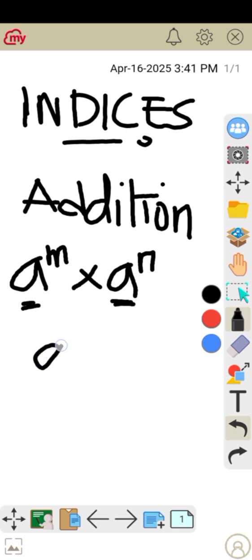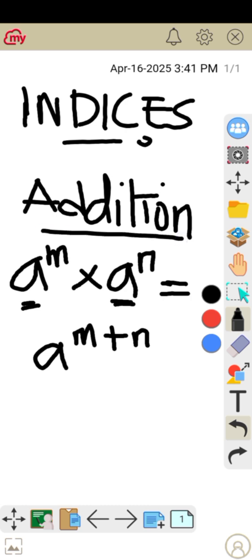Equal. So pick one base. The powers are what? Different. So we have to add both powers. This is known as your addition law of indices. That is the first one.